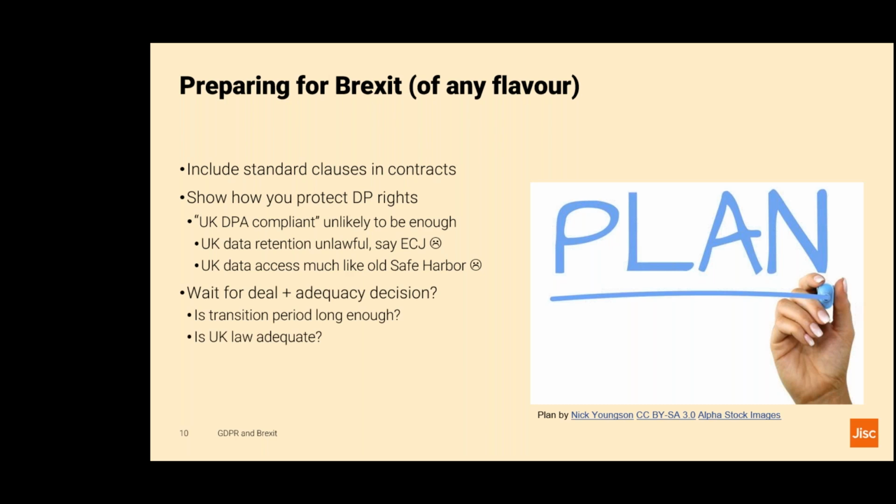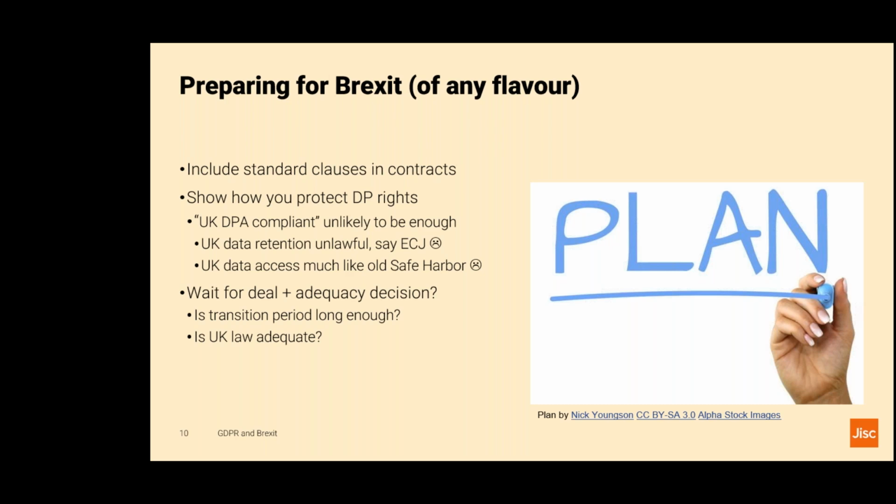Since it's the 18th of October, one question might come up: can we just wait for a deal and an adequacy decision? They are both mentioned in the very latest version of the withdrawal agreement and the political declaration. Two issues there. One, is the transition period long enough to achieve an adequacy decision? Typically those take 2 years, so it would be tight.